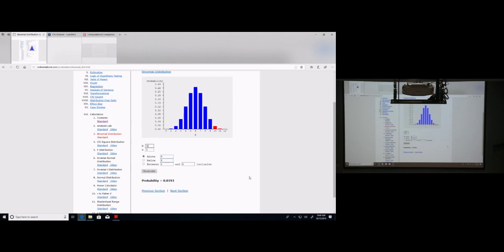The red part is the upper tail. And if you want to calculate the other side, it is the lower tail, which is the blue. Or you want to calculate something between. So let's say 6. You calculate this, and they calculate this here. So let's suppose this is 6.